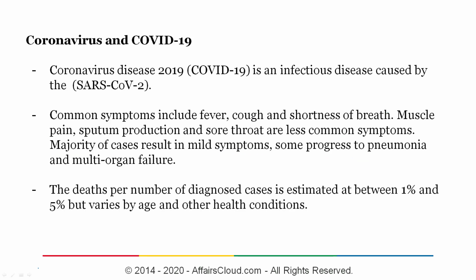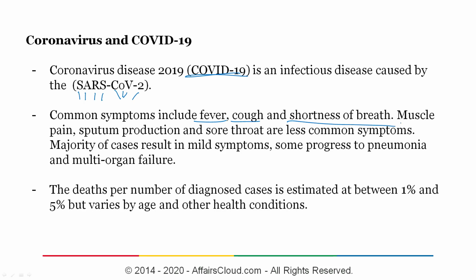Now, taking a brief look at the disease, coronavirus disease 2019, COVID-19 is an infectious disease that is caused by the SARS-CoV-2 virus. Now, SARS stands for Severe Acute Respiratory Syndrome, Coronavirus 2. Now, the common symptoms of the disease include fever, cough, and shortness of breath.